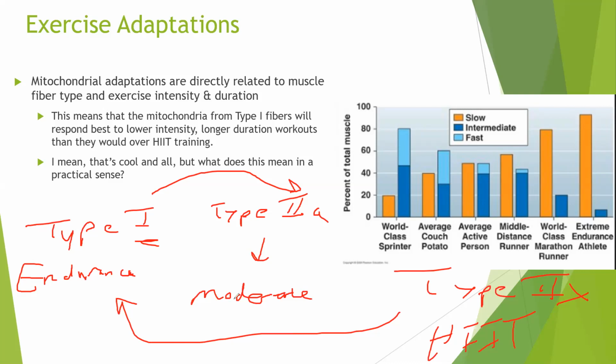In terms of elite level athletics, with the exception of your extreme endurance and marathon based runners, type 2X fibers are the #1 indicator of being an elite level athlete. The more type 2X fibers you have, the better the athlete you're going to be.